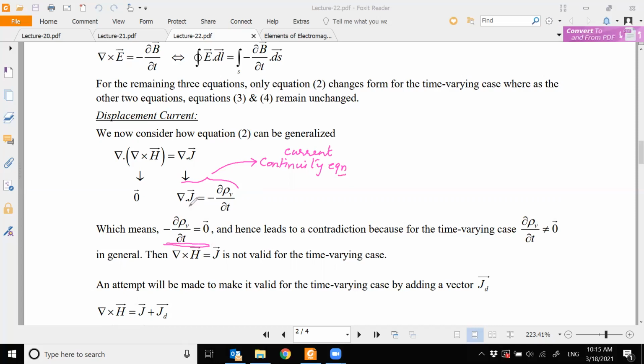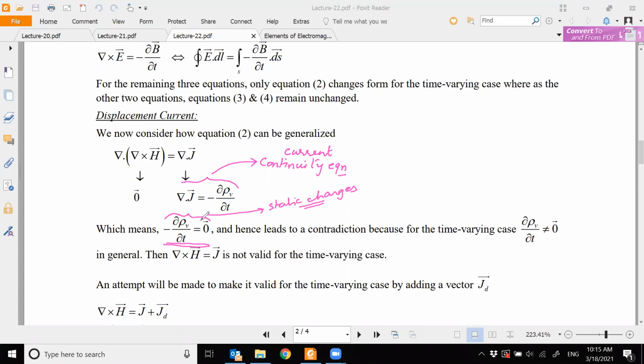But in the time varying case, where your rho V, that is your charge, depends on time, then this is no longer correct, because this is the case of only static charges, where it is independent of time.